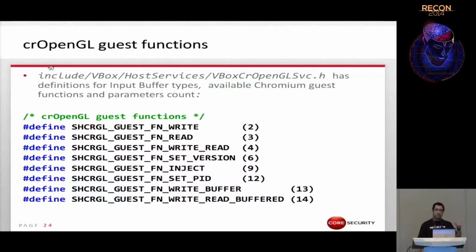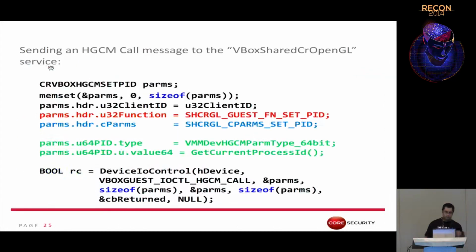For example, fnWrite, fnRead, fnSetPID, etc. And this is an example of how an application running inside the virtual machine can send an HGCM call to the driver in order to remotely invoke a function from the 3D acceleration service.